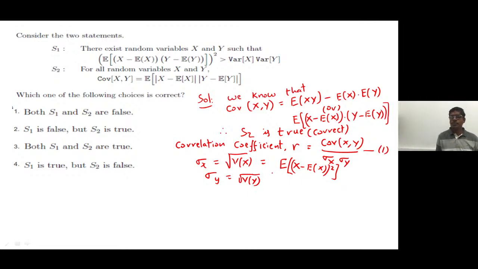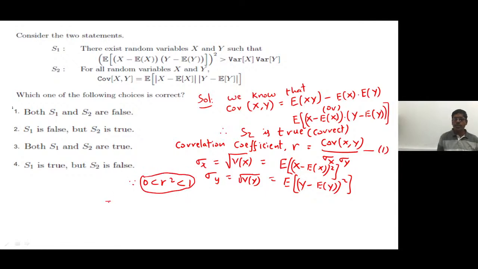I can write this as E of (y minus E of y) whole square. Now since 0 is less than r square is less than 1, that is, the square of the correlation coefficient always lies between 0 and 1, because the correlation coefficient lies between minus 1 and 1.